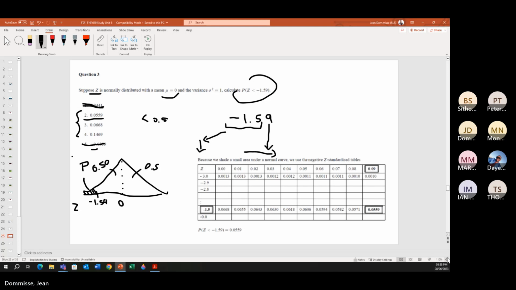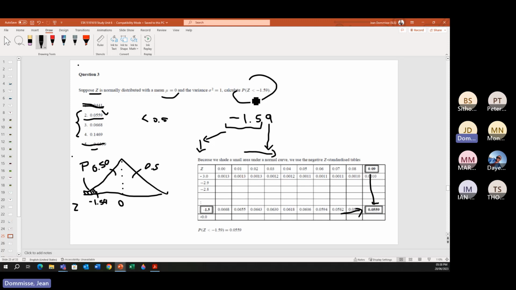Okay, so we are looking at 1.5 or minus 1.5 as we go down. Go down, down. So where it's minus 1.5. Then we go across to where it is 0.09. And where those two meet, you will see also then that we get 0.0559.